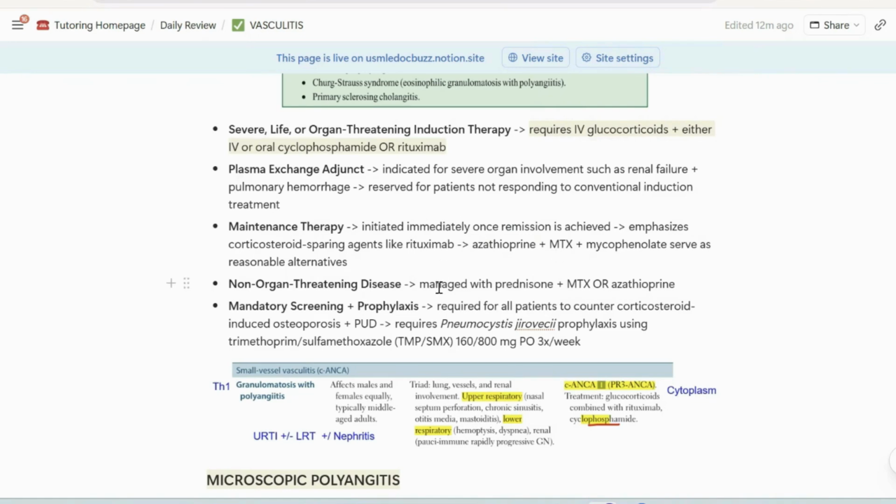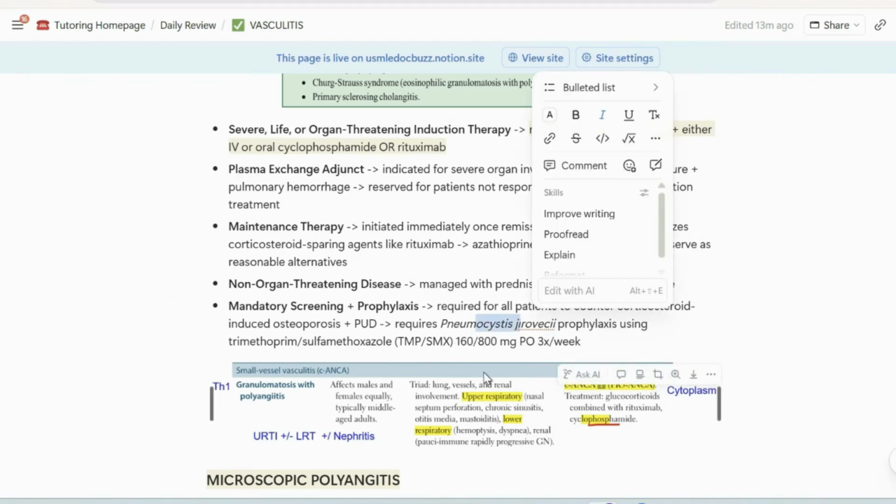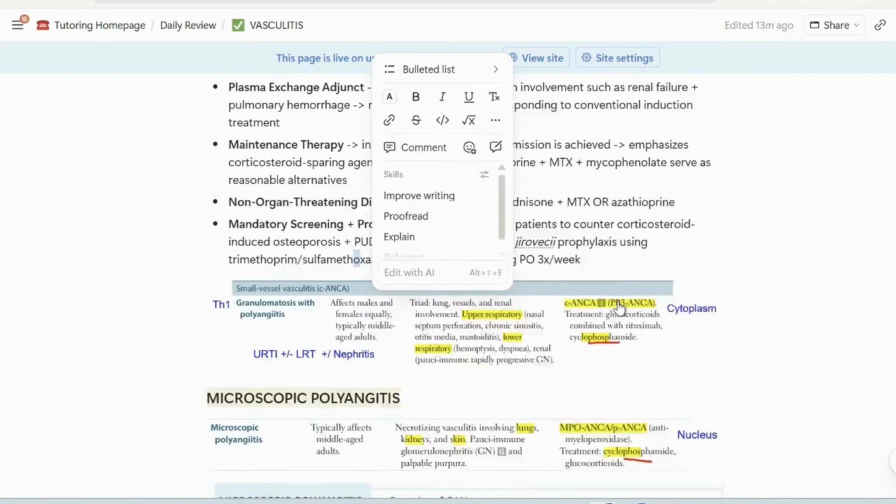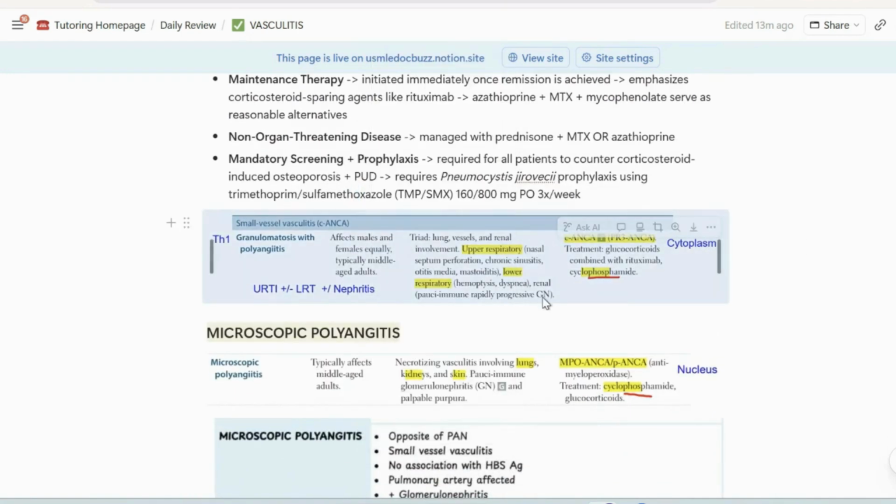Okay, for non-organ threatening disease, prednisone plus or minus MTX, and usually for prophylaxis, because you're giving them a lot of corticosteroids and you're kind of making them immune deficient, you might have to give them some prophylaxis against pneumocystis via TMP-SMX. Okay, so all of this is mentioned here and we're good.